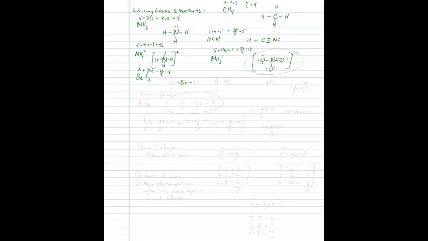It can only hold 4 electrons for 2 pairs. So this one looks like that, where you have 8, but beryllium only has 2. Boron, another exception, can have 6 electrons, or 3 pairs.